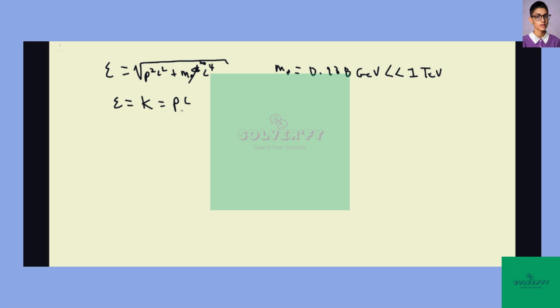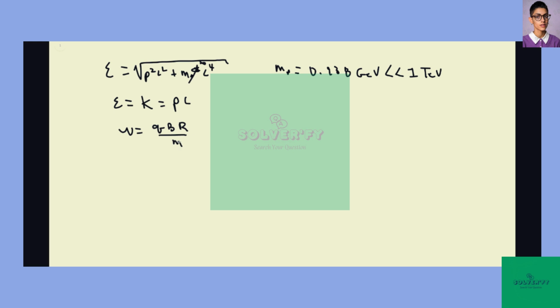Now for a synchrotron, the velocity of the particle is given by Q, the charge of the particle, times the magnetic field, times the radius of the ring, divided by the mass of the particle.